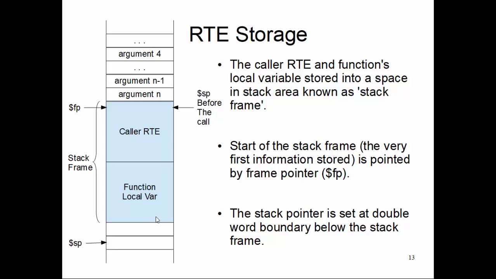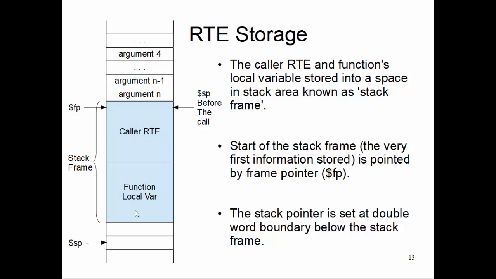So in summary, your frame pointer is pointing to the start of the frame of a function, and the initial region stores the caller runtime environment and then the function's local variables. Together, the caller runtime environment and function local variables, that whole region is your frame for this instance of a function call.